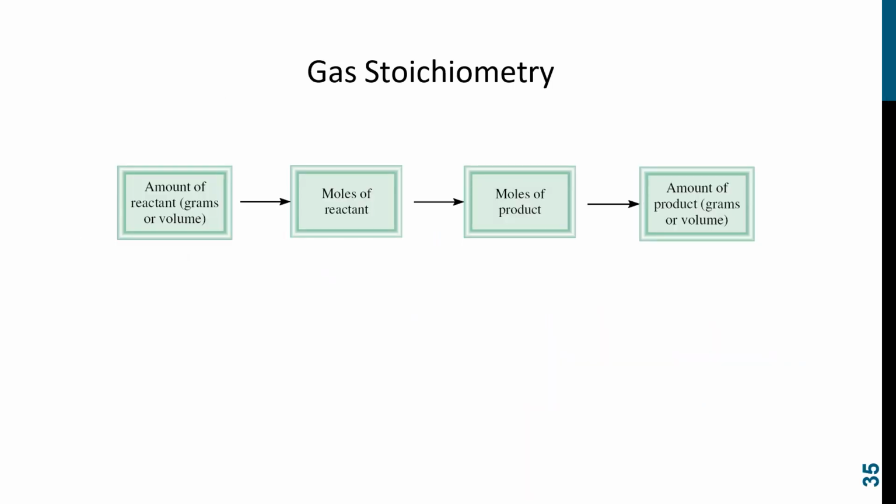This image shows how to calculate the mass of product using the gas stoichiometry. We start with amount of reactant, either grams or volume, and then from the mass of the reactant, we calculate the moles of reactant involved, and then from moles of reactant, we can calculate the moles of product, and from moles of product, we can calculate the amounts of product.